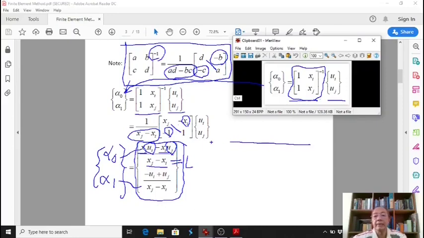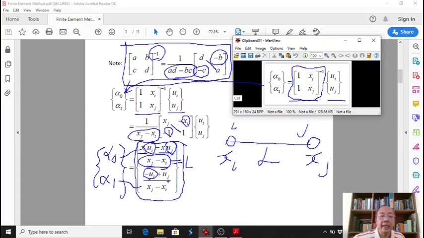So this is the element just now. This is node i, and this is node j. This position is si, this position is sj. So sj minus si represents the length of the element. So this is L. Similarly for alpha 1, we found that this is a function of the nodal displacements ui and uj. So this is also the length of the element.